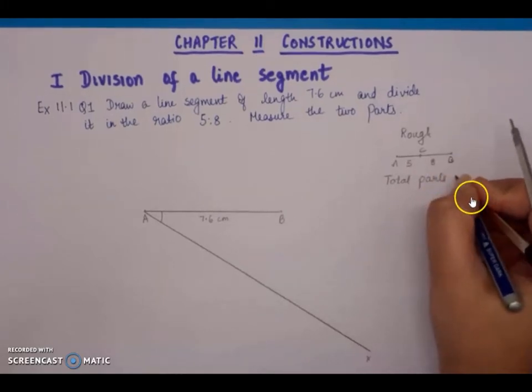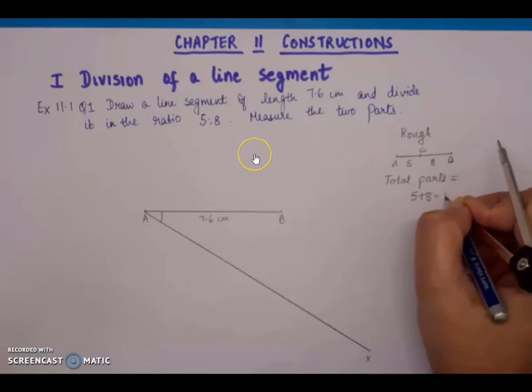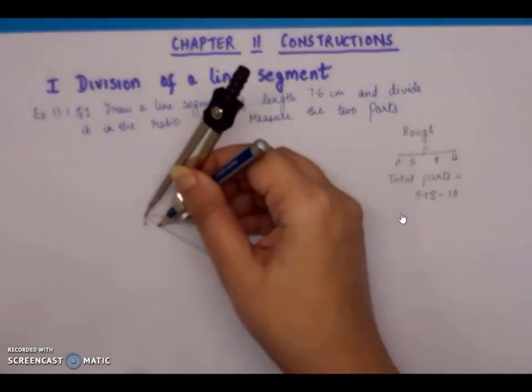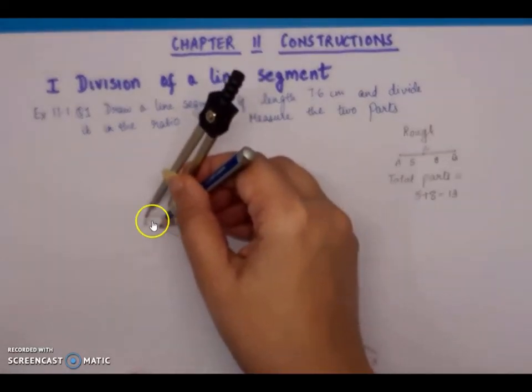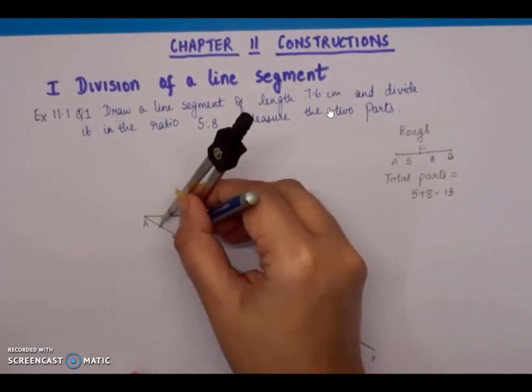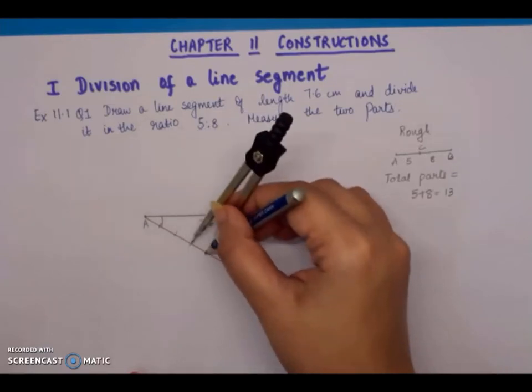Now the total parts are 5 plus 8, that is 13. We are supposed to divide this AX into 13 equal parts. So for that I have measured a very small length on the compass, and with that I am going to make 13 equal divisions of this line AX.